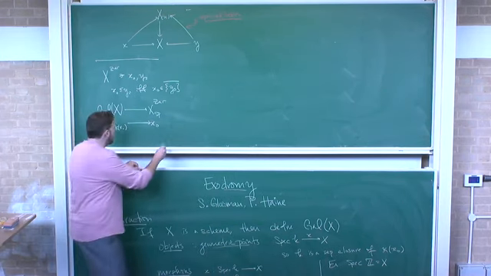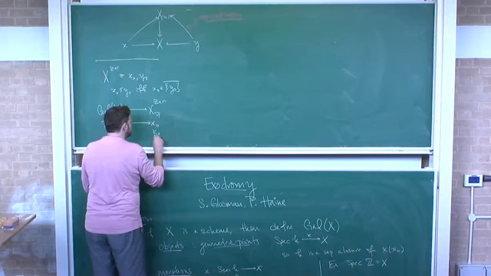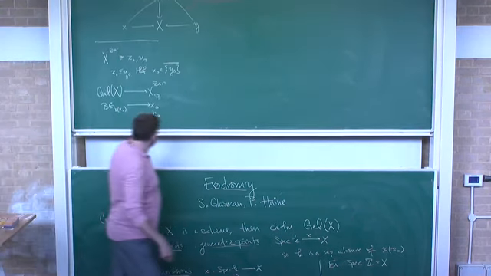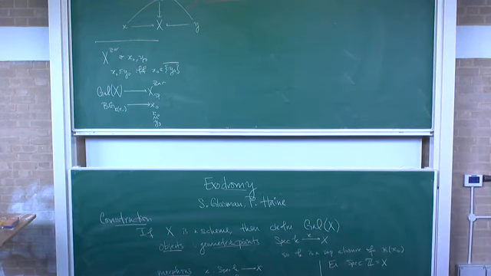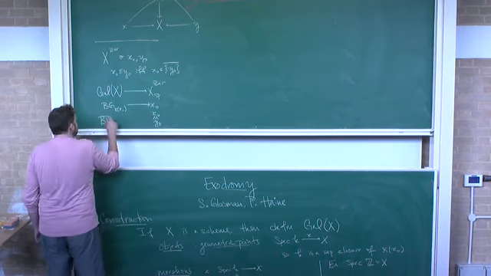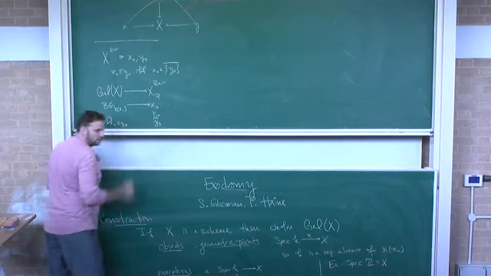Well, if I've got this relationship downstairs in the specialization poset, if I've got x0 contained in the closure of y0, then what can I do? I can look at the sections of this thing over that. And that forms a groupoid. And what groupoid is it? It's exactly B of the decomposition group of x0 and y0.